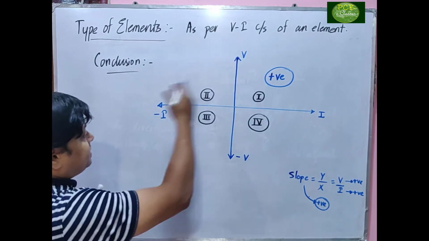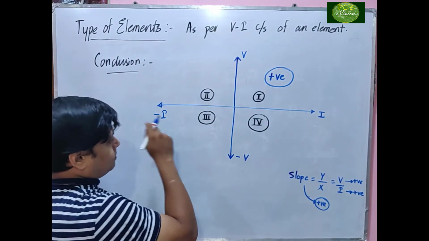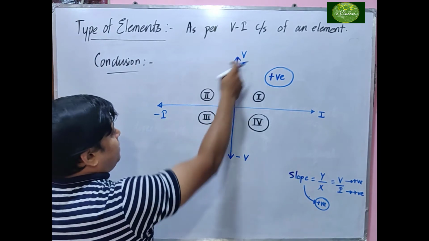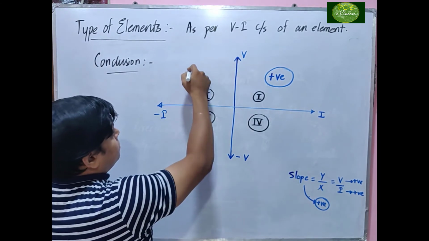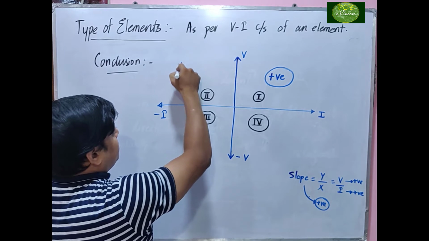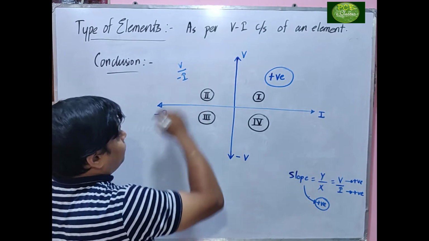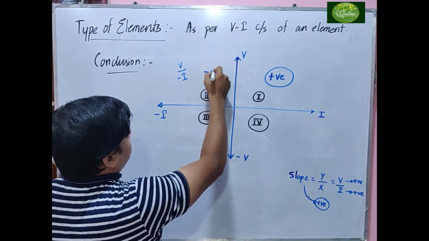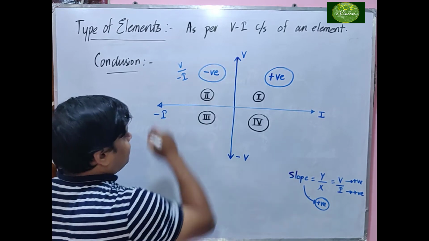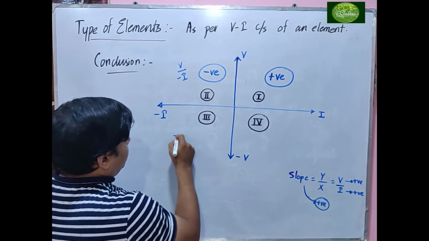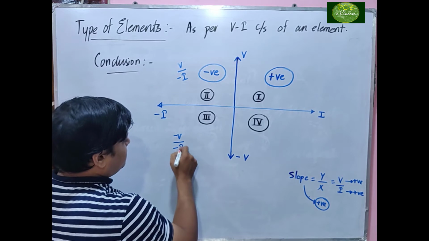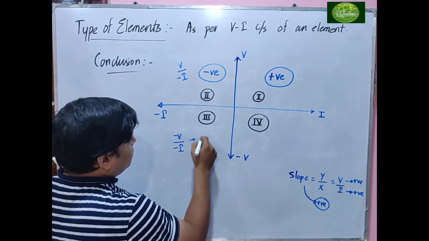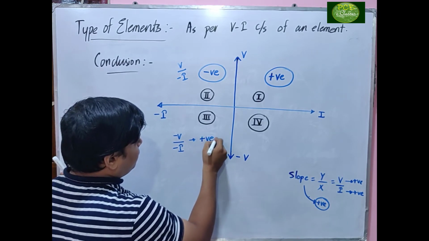Clear? Moving to the second one. What happens here? V by minus I. What will be its slope? Negative. In the third quadrant, its slope is minus V by minus I, so it becomes positive.